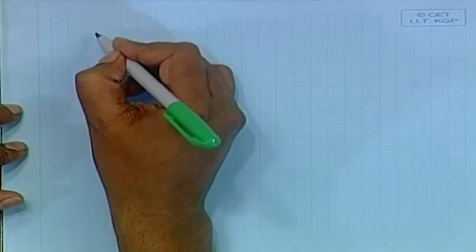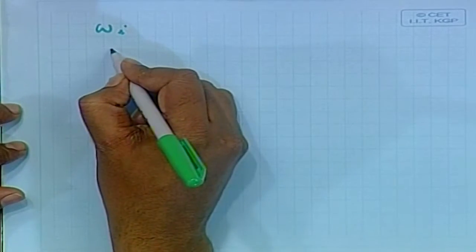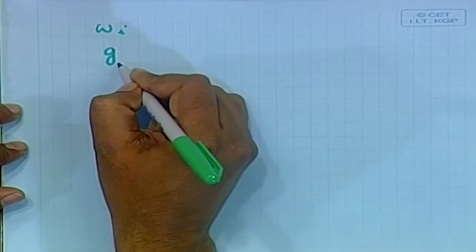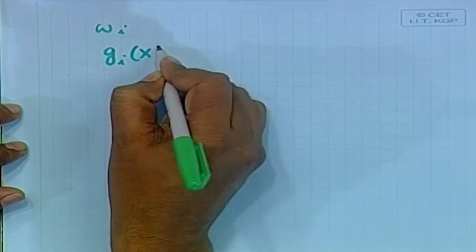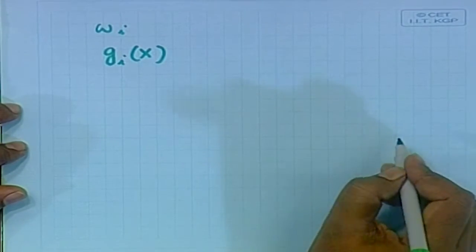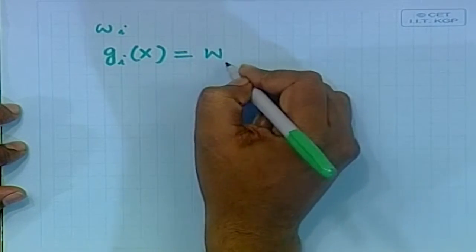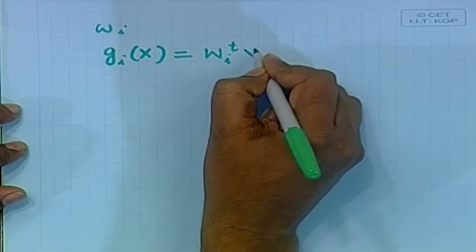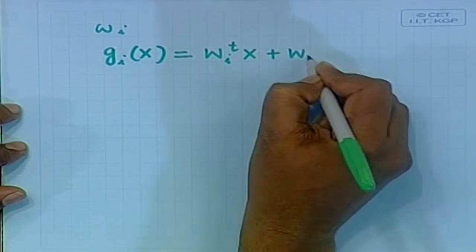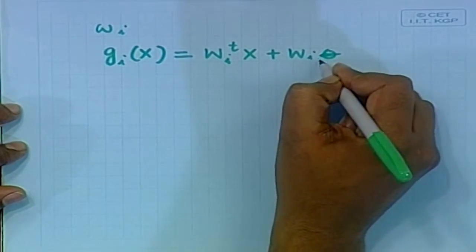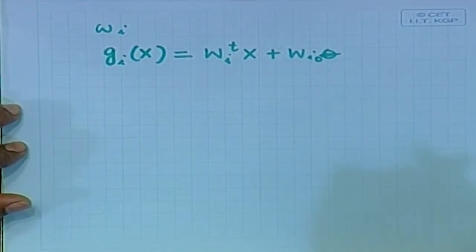And that is the essence of a linear machine that we have mentioned earlier. For every class omega_i, we have a discriminant function defined as g_i(x), where g_i(x) is nothing but w_i transpose x plus w_i0.